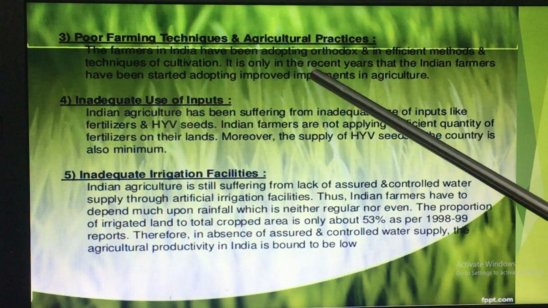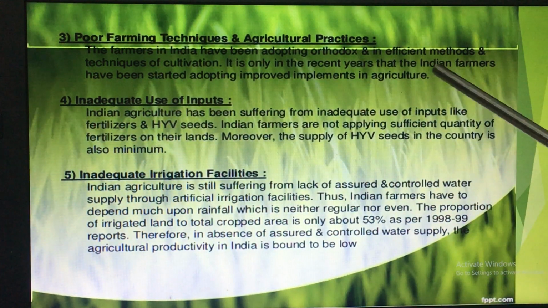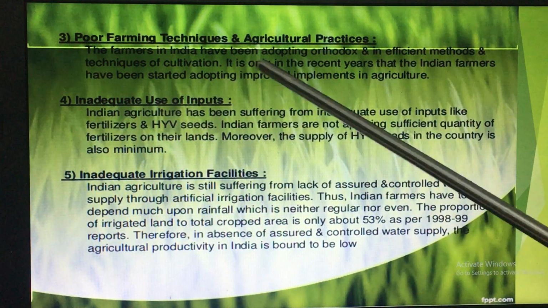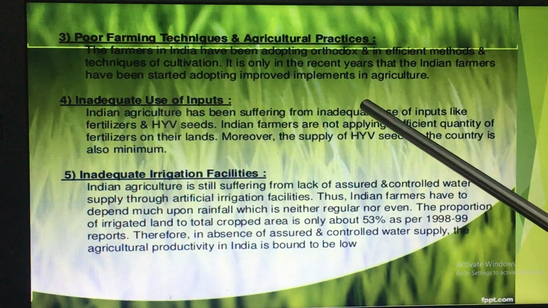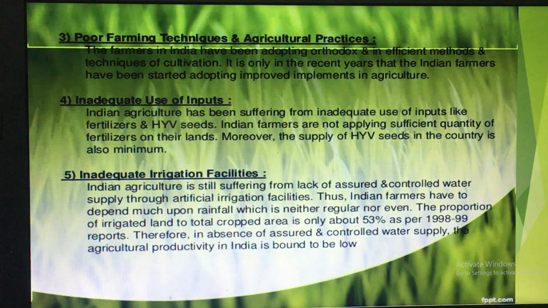It is only in recent years that the Indian farmer has started adopting improved implements in agriculture, like steel ploughs, steel drills, and harrows. A few years ago, the farmers were using the old techniques.